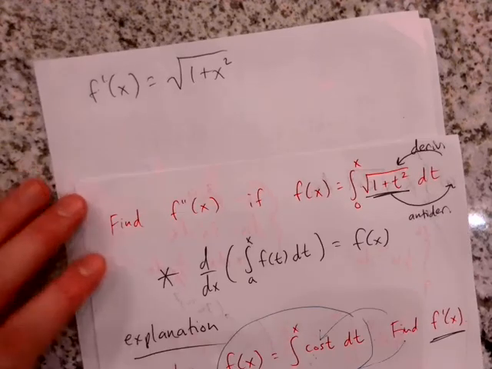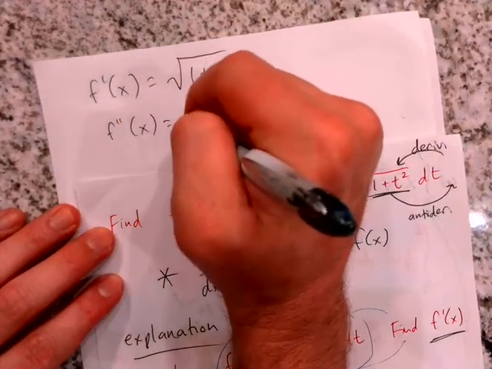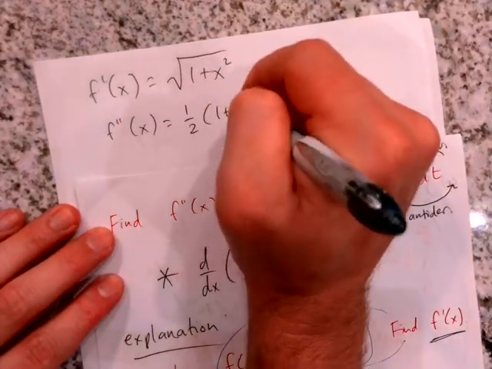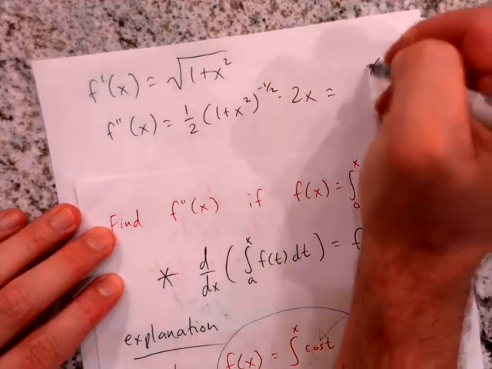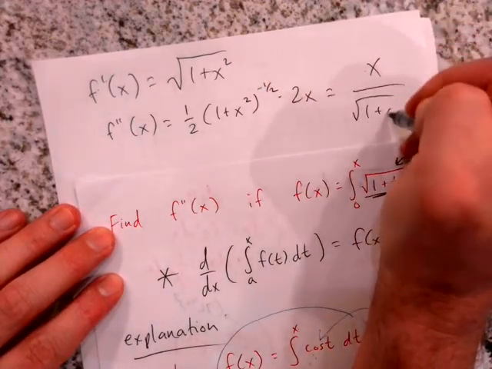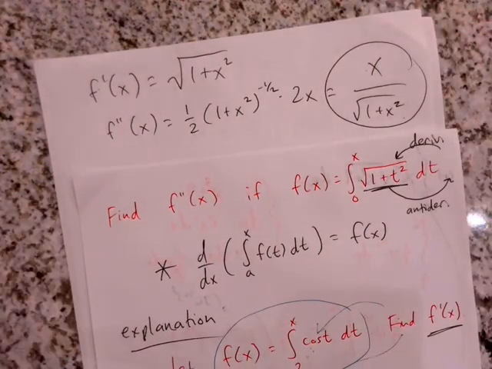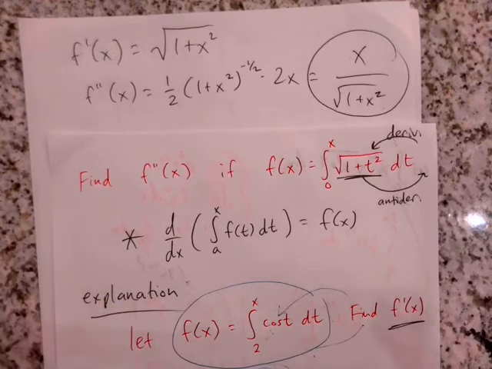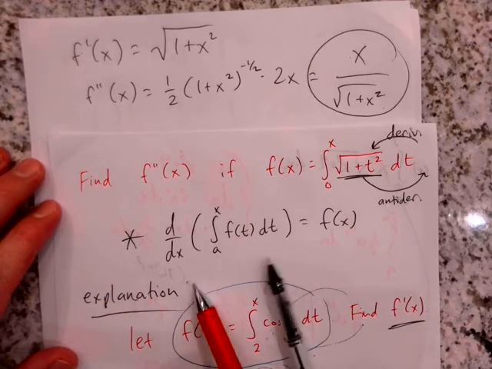And then for f2 prime, just the chain rule. So this is 1/2 times 1 plus x squared to the negative half times 2x, which gives you x over root 1 plus x squared, which is your answer. But the more important truth from this example is that this is really a shortcut.